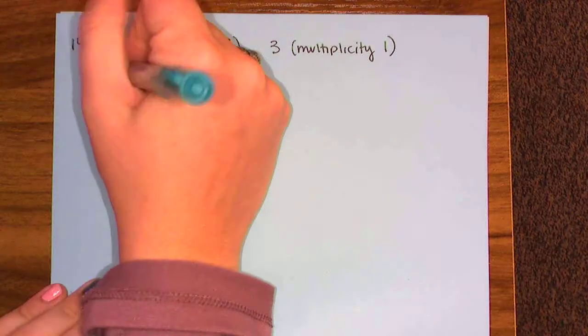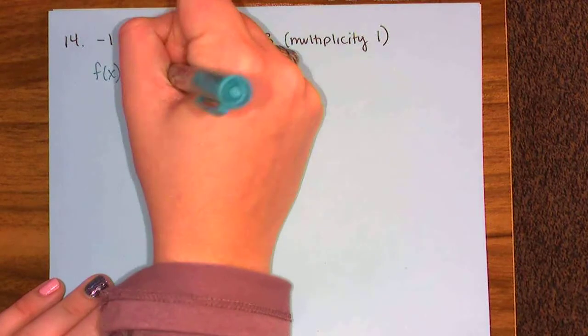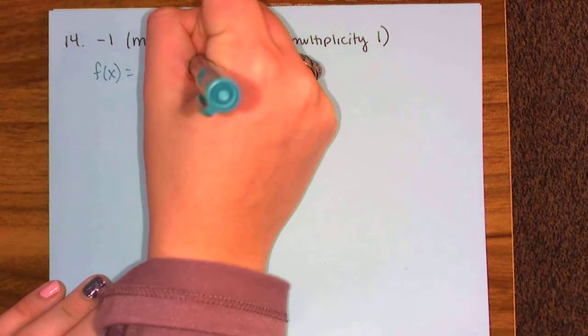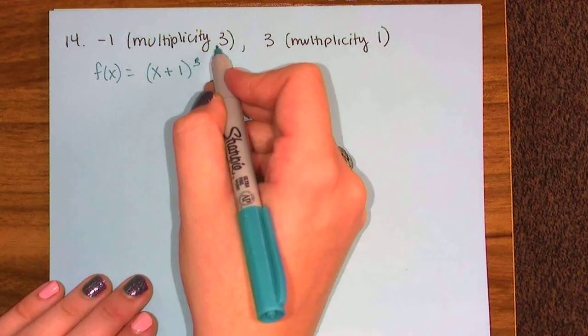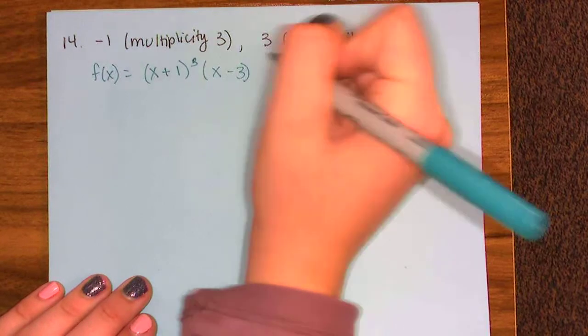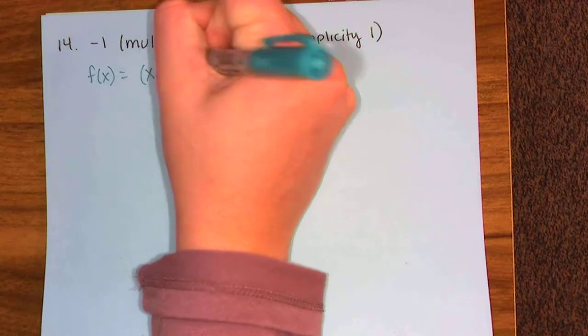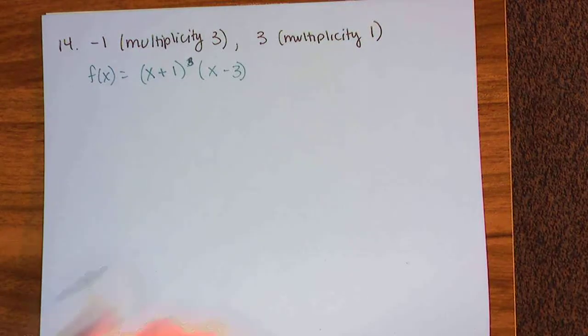So I end up with f of x is equal to x plus 1 cubed, because it's multiplicity 3, and then x minus 3, and that's just raised to the first, so you don't have to write anything because it's multiplicity 1. And then you just go through and you multiply this stuff out.